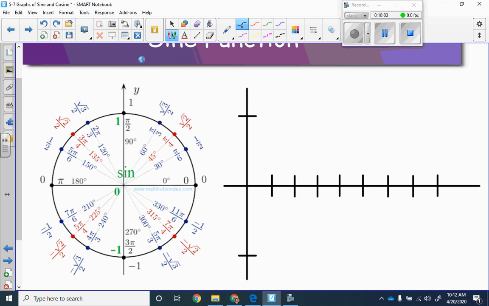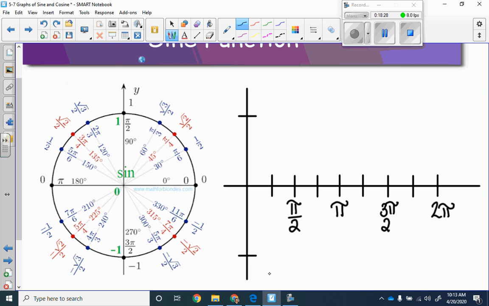Now, as far as my graph goes down here, it takes 2 pi radians to make one complete rotation. So I'm going to go ahead and put 2 pi here. I've got 1, 2, 3, 4, 5, 6, 7, 8. Yep, I've got pi. So I'm going to put 1 pi here. This is going to be my pi over 2. This would be my 3 pi over 2.